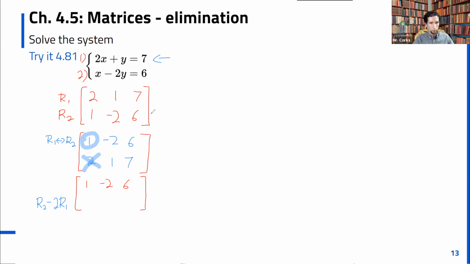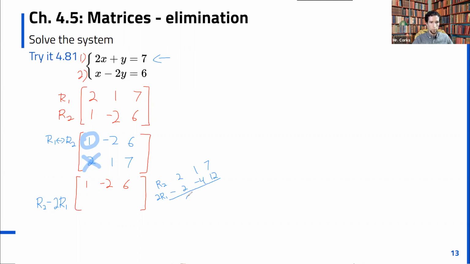I know that the math is very simple here, but again, just for clarity, we'll write out each step of the arithmetic for the operation we're doing. So our row 2 is 2, 1, 7, and 2 times row 1 is going to be 2, -4, and 12, and we're subtracting.